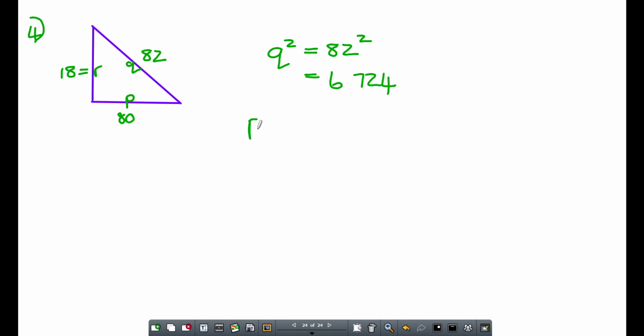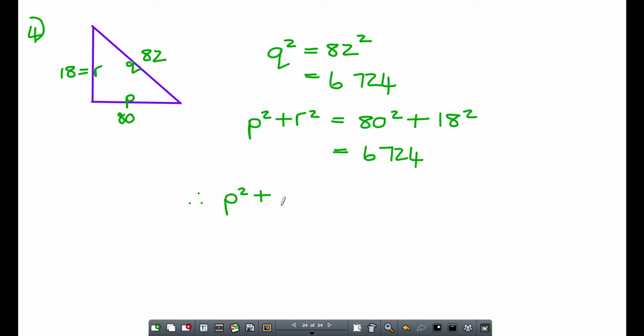Okay, then I'm going to take P squared plus R squared, meaning it's going to be 80 squared plus 18 squared. And that also gives me 6724. So therefore, P squared plus R squared is equal to Q squared, and that was the converse of Pythagoras.